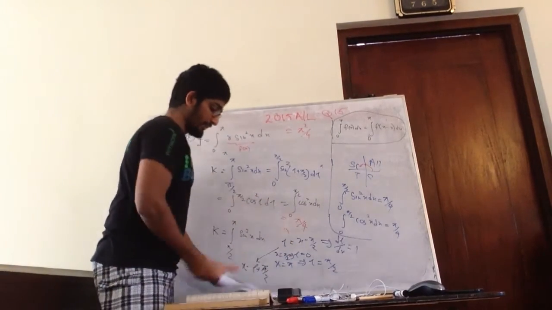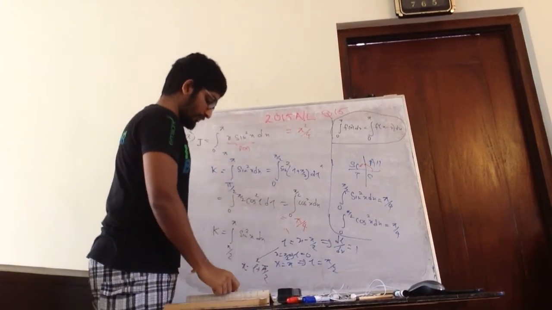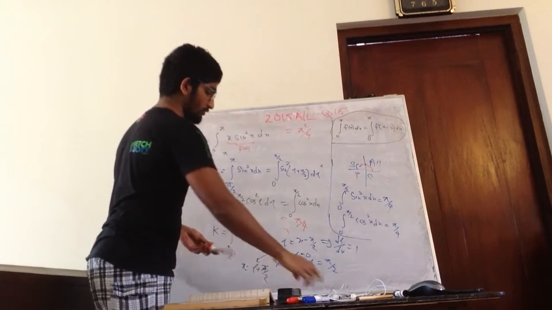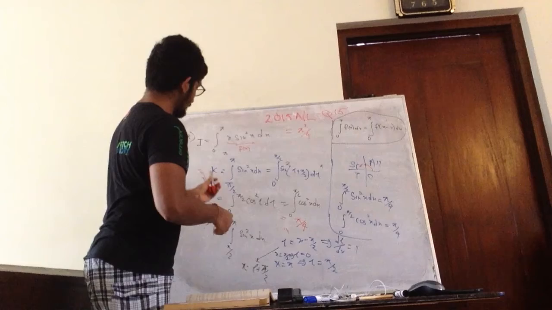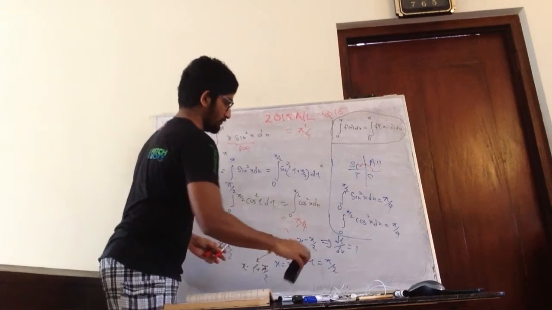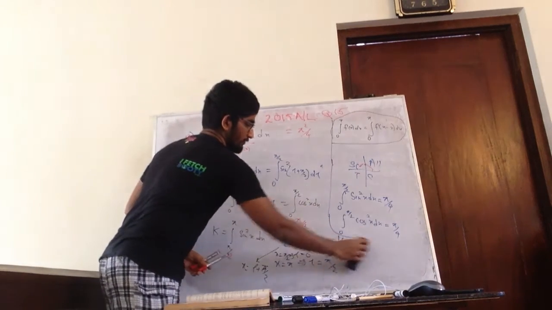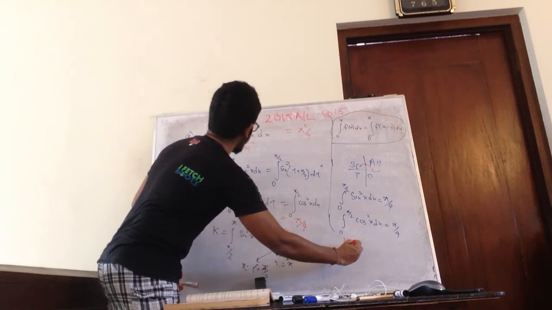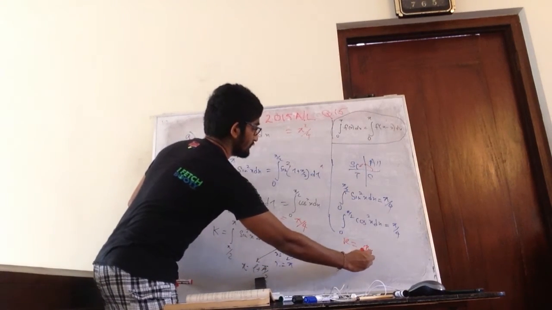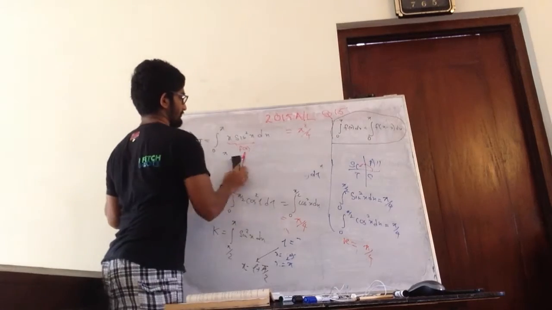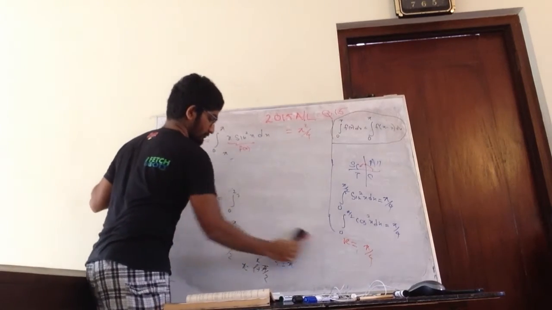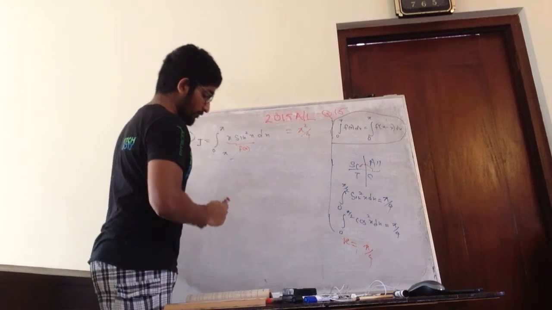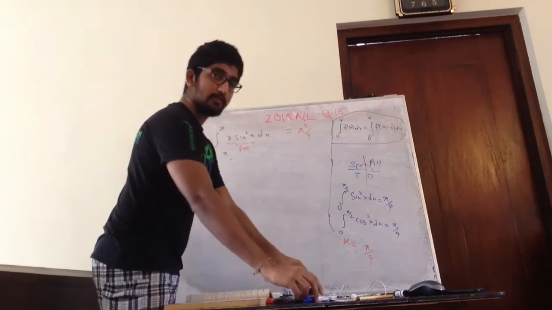So where did we stop there? We stopped at the point where we knew J. So now remember, I have found K as 5 over 4.